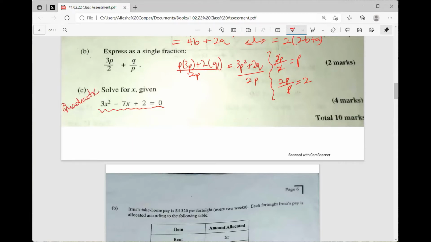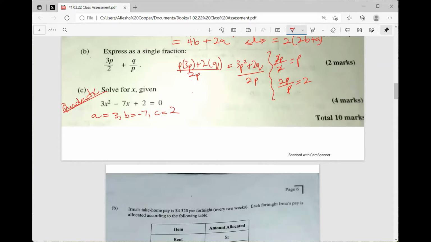So I know that I have to go now and identify my a, my b, my c. So what's the value of a? 3, b is -7, and c is +2.